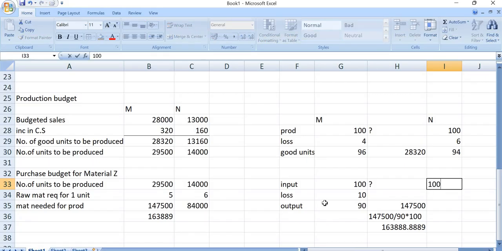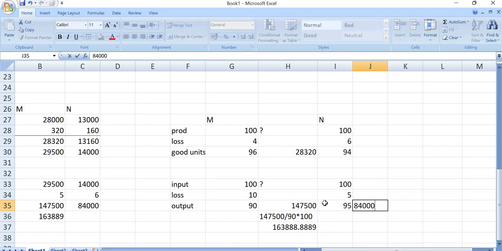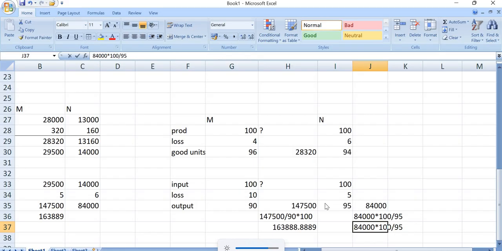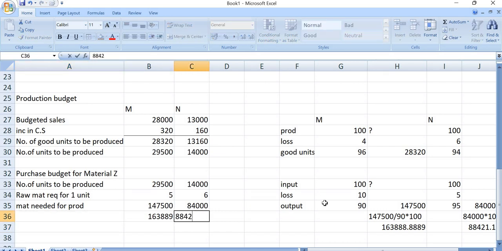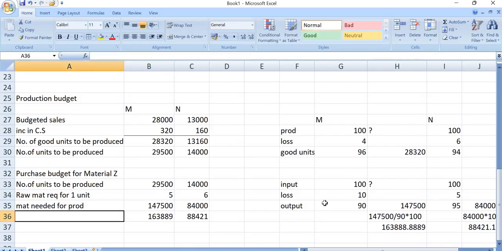So that means 100, here it is 5. So I will be getting 95. So 95 is for 84,000. So 84,000 into 100 divided by 95. So I will be getting 88,421. So this is my units. So quantity to be purchased. This is in kgs.